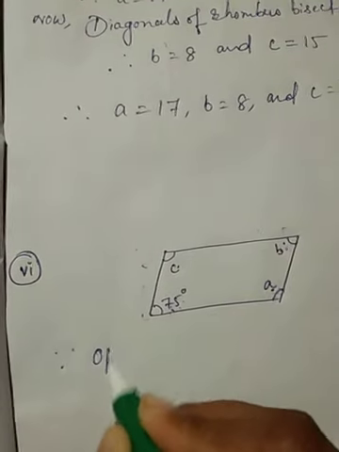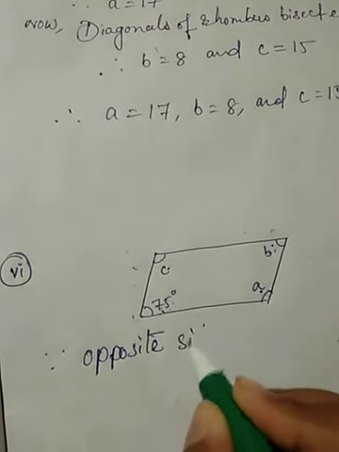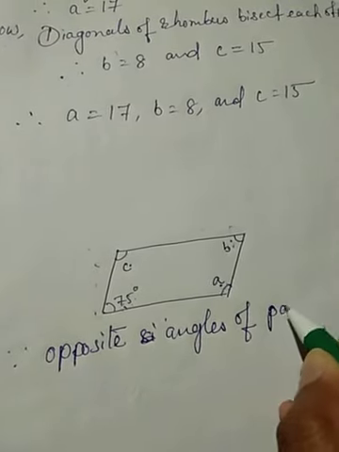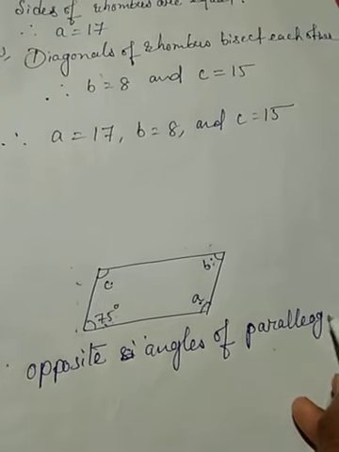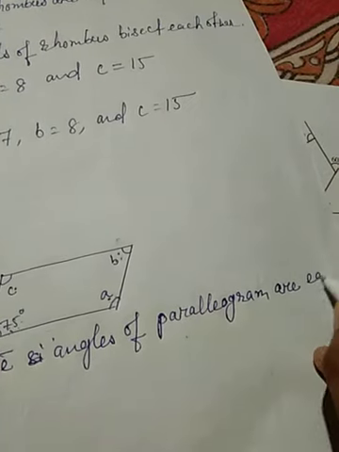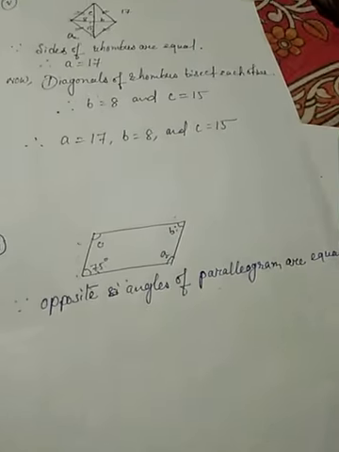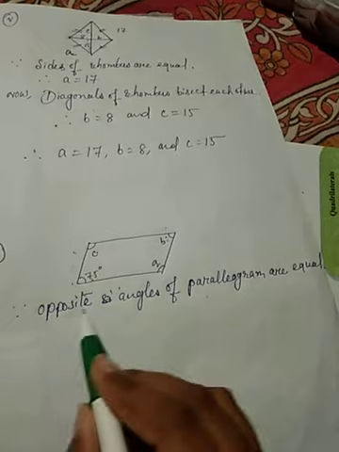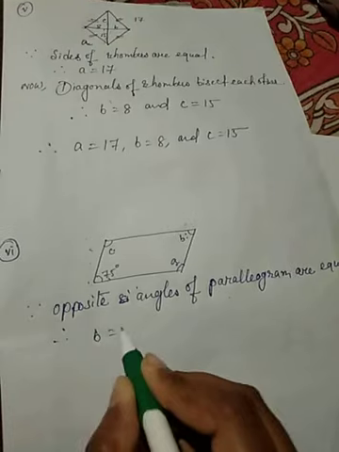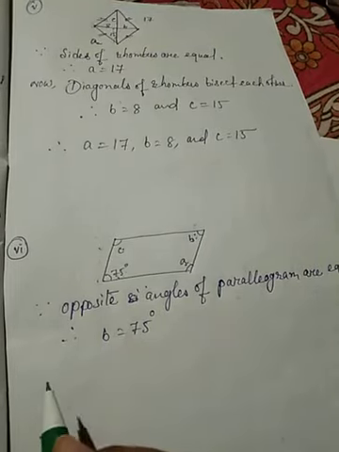Since opposite angles of parallelogram are equal, therefore b equal to 75 degree.